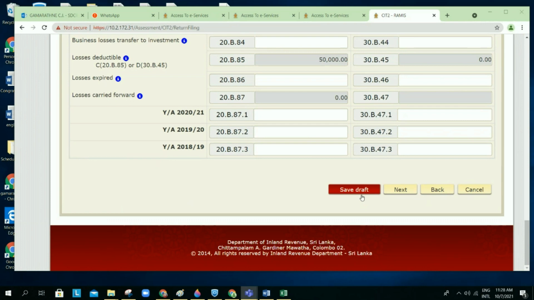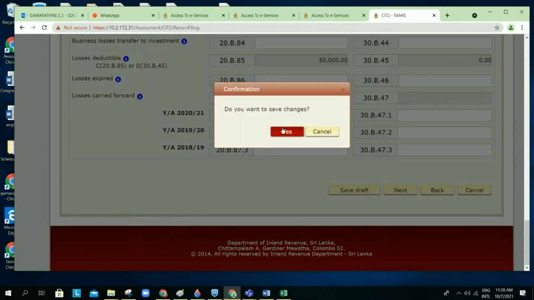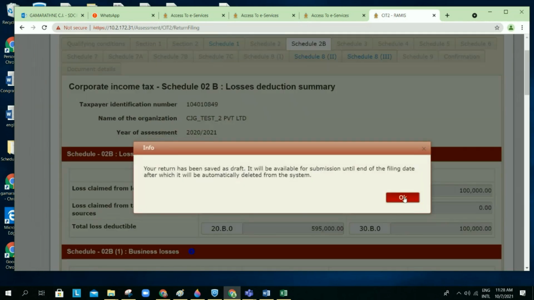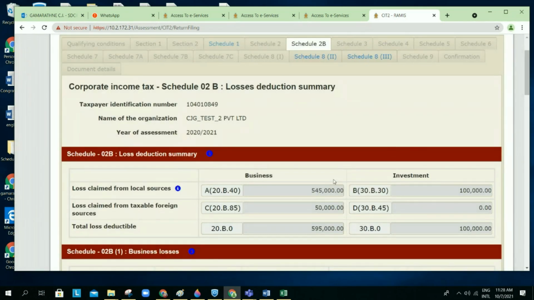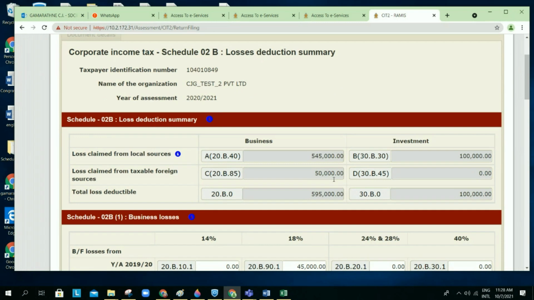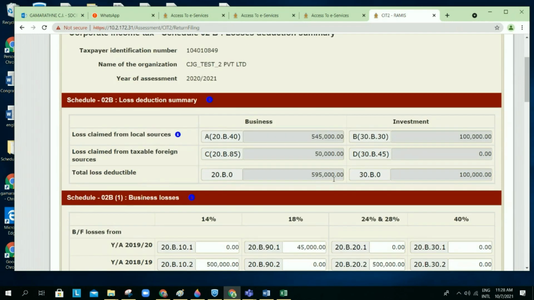Schedule 8 and schedule 2B are a little bit lengthy. Therefore, when we have to spend more time to fill these 2 schedules, you should remember to save a draft record in time.